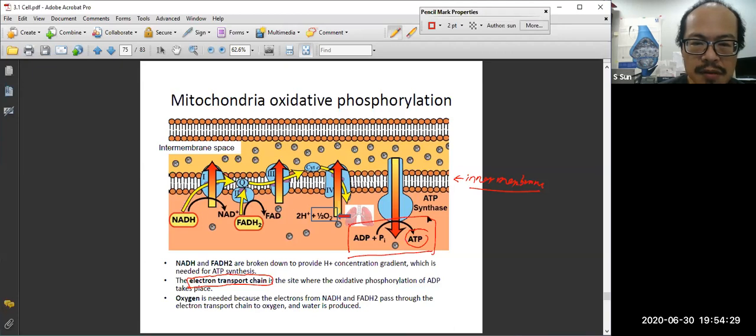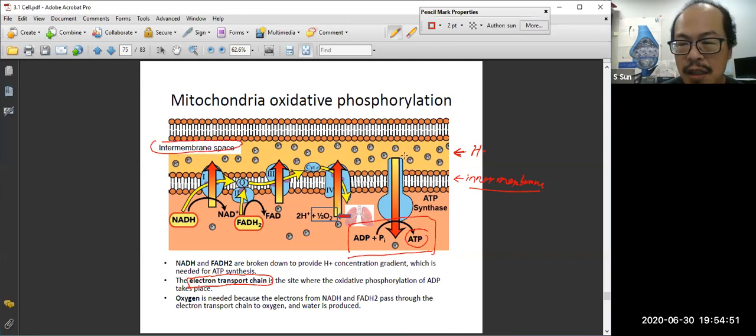So what it does is that overall the whole process is to generate a high concentration of hydrogen in the intermembrane space right here, the intermembrane space.